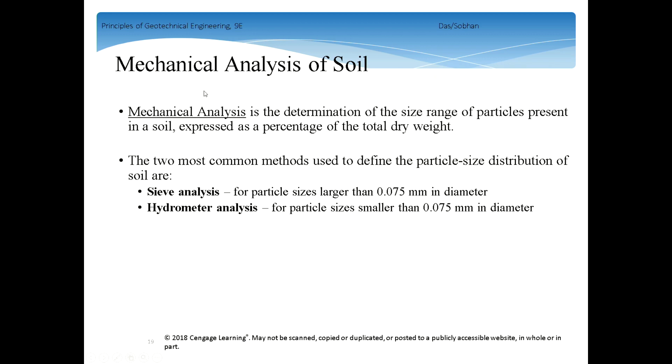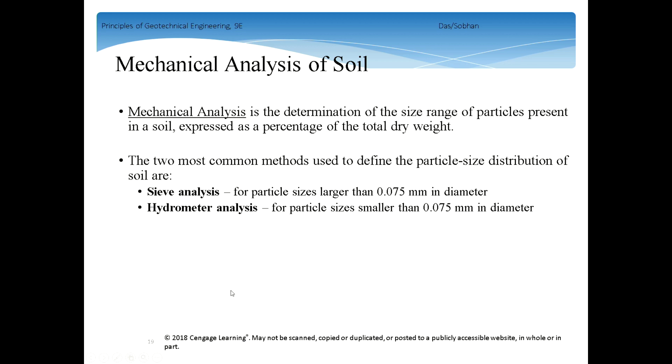The result of a mechanical analysis of soil is the particle size distribution curve, which we call PSD. Mechanical analysis is the determination of the size range of particles present in a soil, expressed as a percentage of the total dry weight.